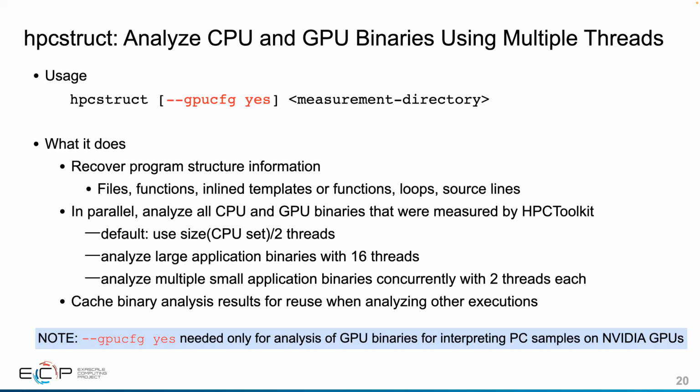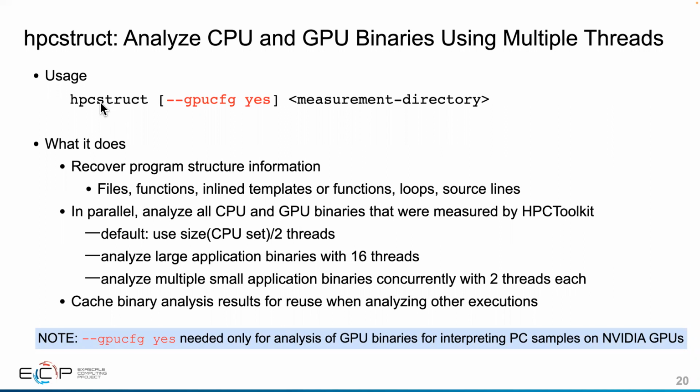And so there are lots of libraries, the ROCm runtimes, things like that, that are changing very slowly. And so whenever we analyze something, we cache it, and we also tag it with an MD5 hash. And so if a library does change, we'll notice that it changes and not use the cached binary analysis results.